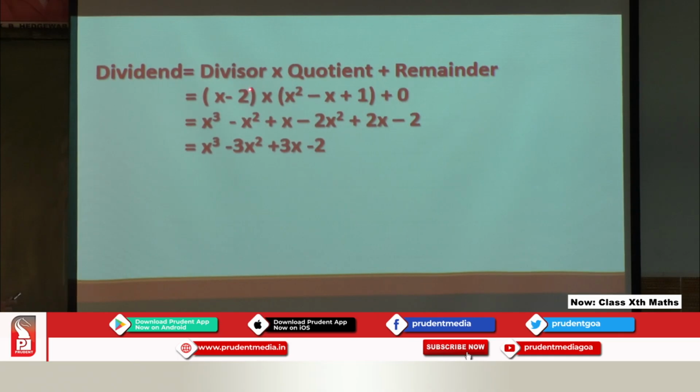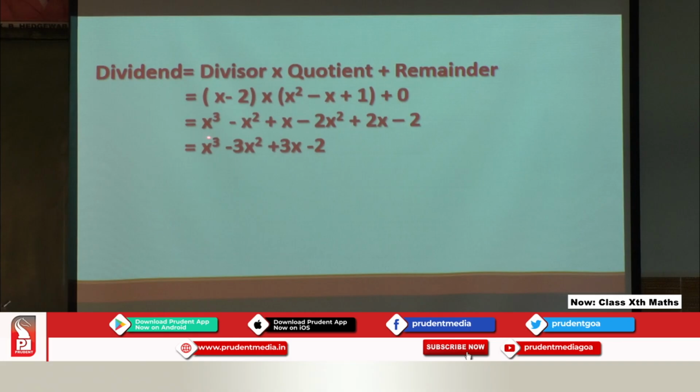Now the second term, minus 2, we should multiply by the entire term. Minus 2 into x square is minus 2x square, minus into minus is plus, 2 into x is 2x. Again minus into plus is minus, 2 into 1 is 2.